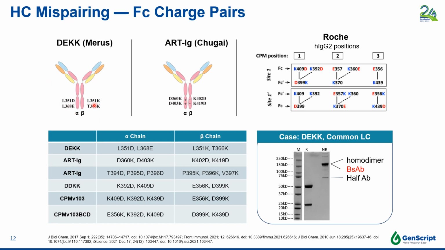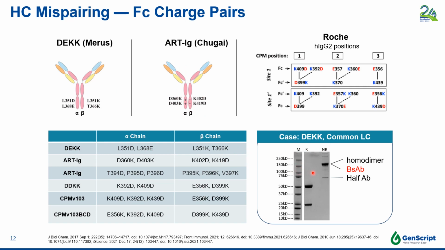And the location of the charge pairs could be CH3 residues within short distance, or just switching the native charge pairs. So there are different kinds of combination. Here is the case.